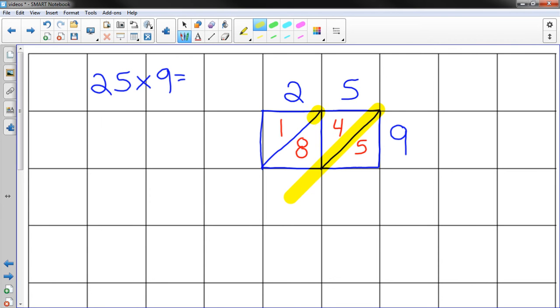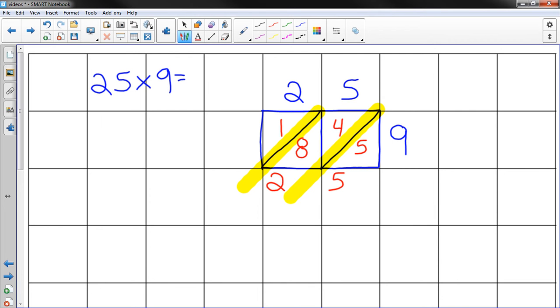These diagonal rows are the different place values. So for example, the 5's in the 1's place, the 4 and the 8 are actually in the 10's place, and that number 1 is in the 100's place. So we're just going to do some adding real quick within those rows. So 5 is just by itself, so that's 5. 8 plus 4 is 12, and just like in adding, you can't put the 1 and the 2 in this spot.